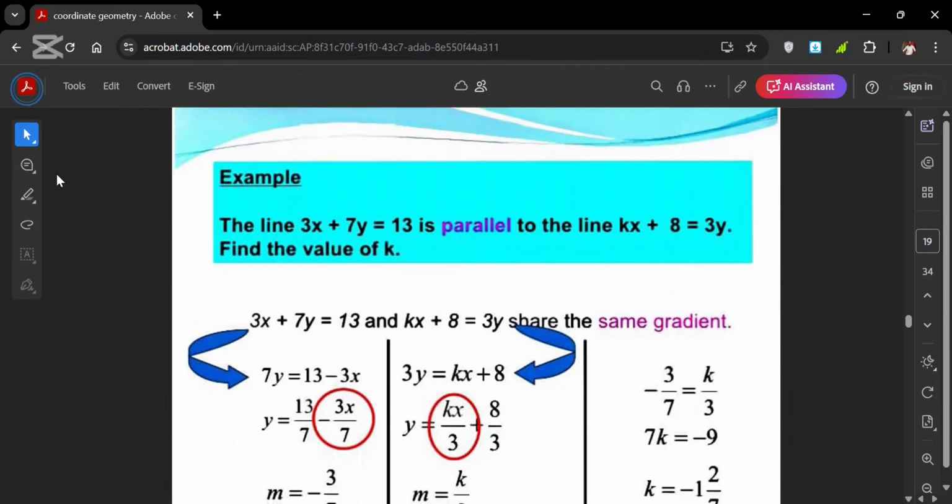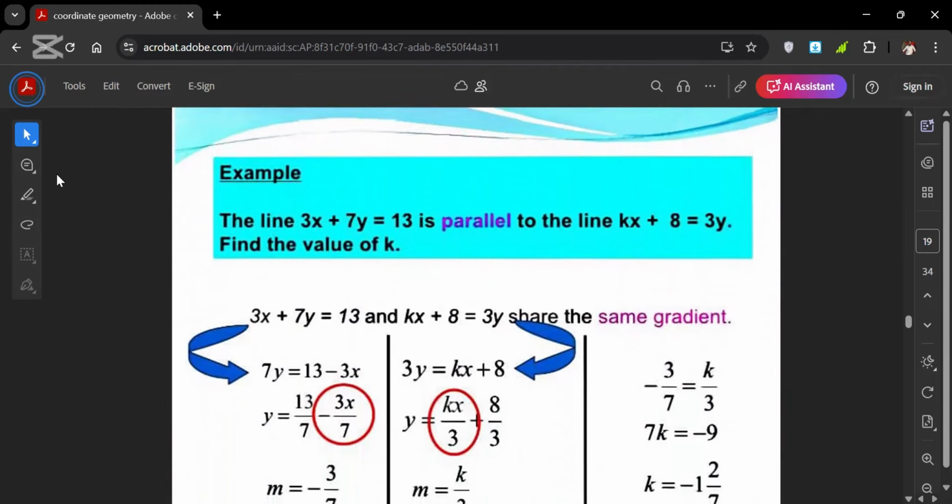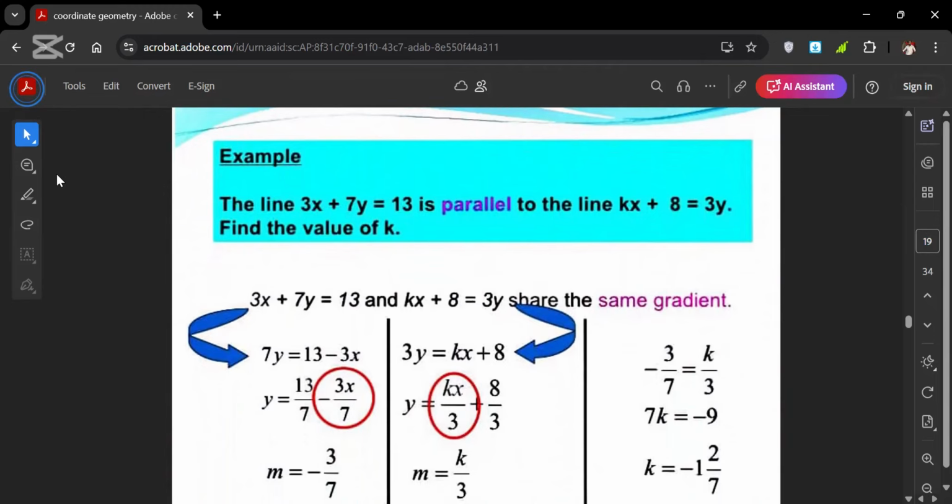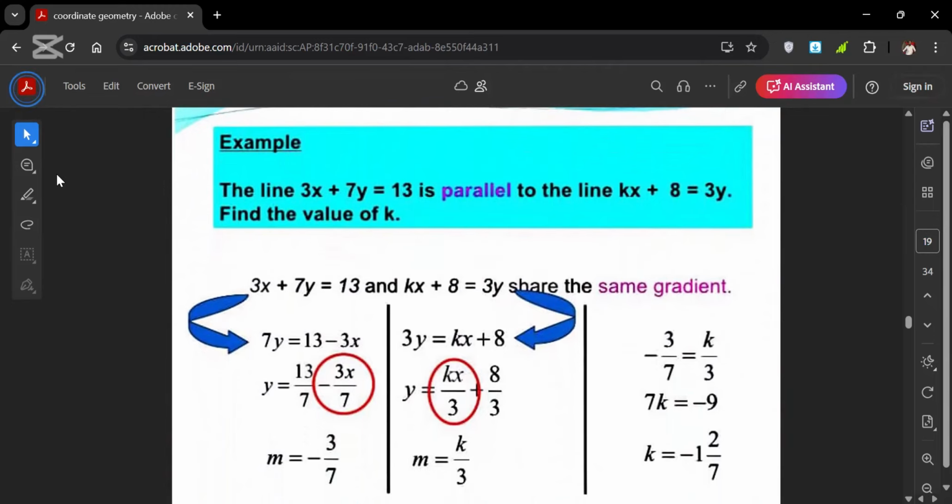Two equations are given, and it is given that the lines are parallel. Previously, when we were supposed to find the gradient, we had the points. But over here, we do not have the points, we have the equation. So the first learning here shows how to get the gradient when equations are given.